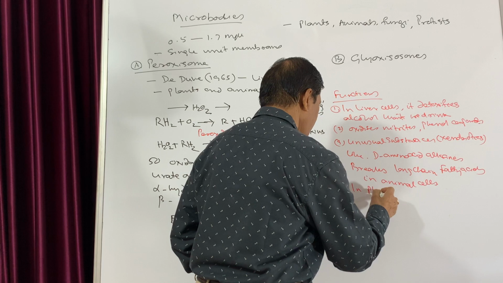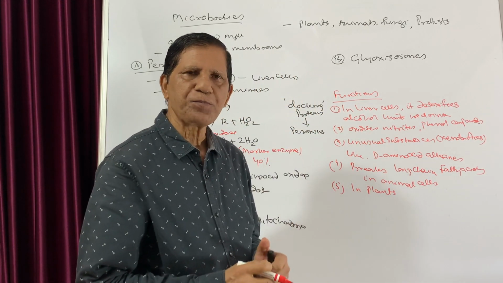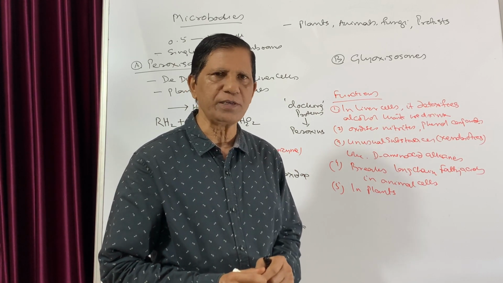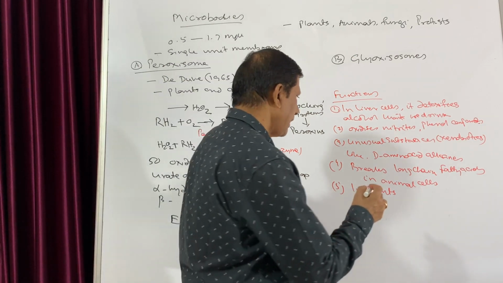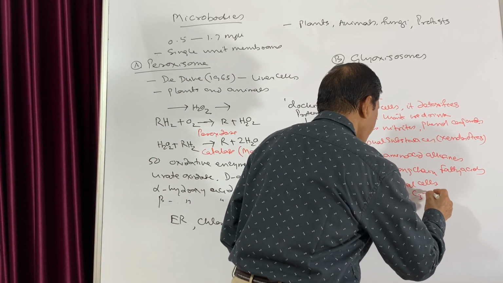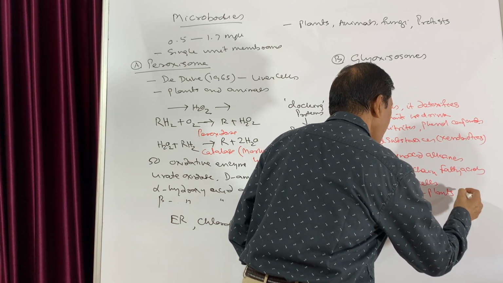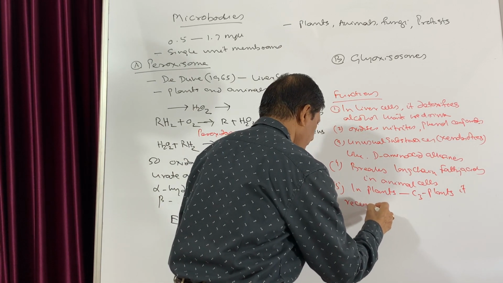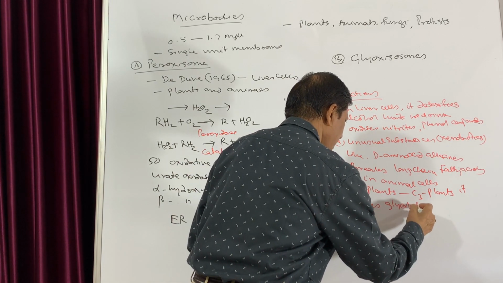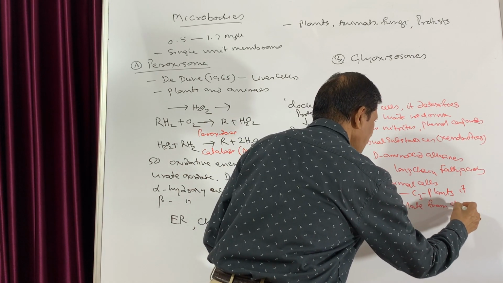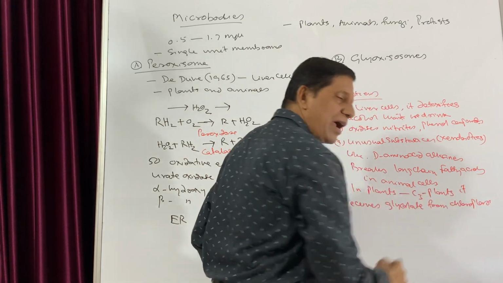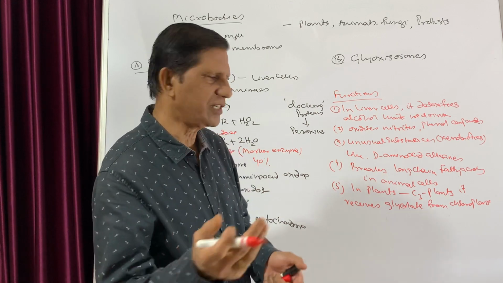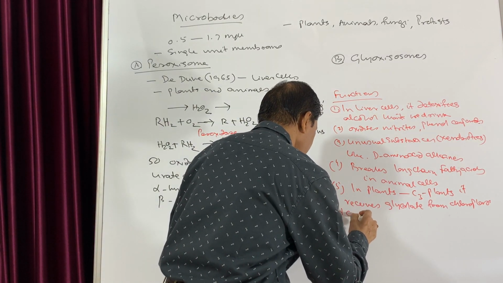In plants, one of the very important functions is, in the case of C3 plants, there is a special phenomenon known as photorespiration, which is not present in C4 plants. In C3 plants, the peroxisome receives glycolate from the chloroplast and oxidizes it by means of atmospheric oxygen to convert it to glyoxylate.